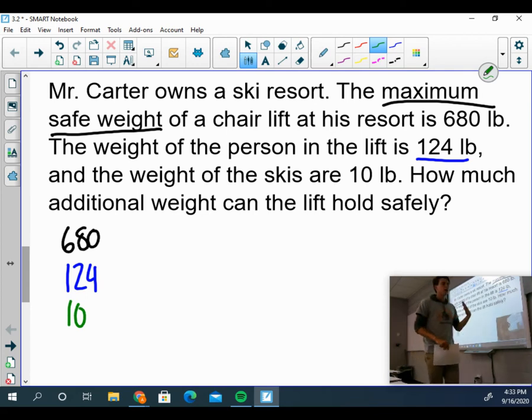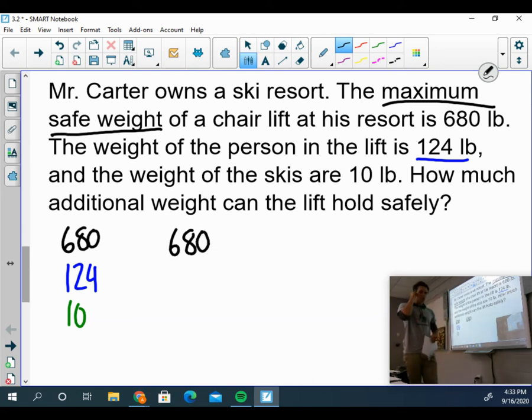Well, as you know, in algebraic word problems, I always like to look for some sort of total first. Now, your brain's probably going, okay, well, it says the maximum safe weight of the chairlift is 680. So that sounds like a good number for a total, and I would agree with you. So on one side of our inequality is going to be 680. Now, you just heard me say inequality, not equation. Why?